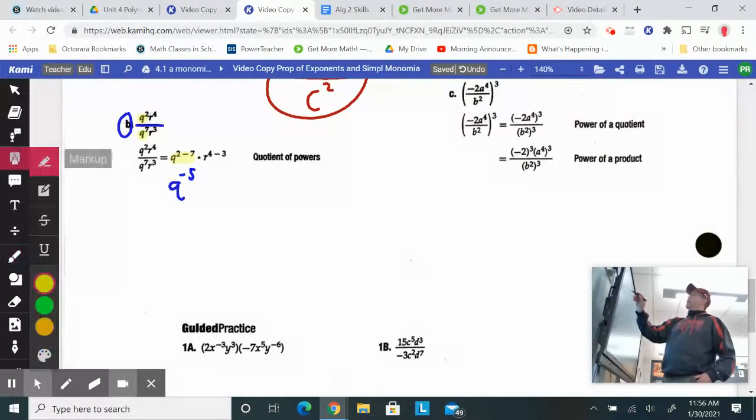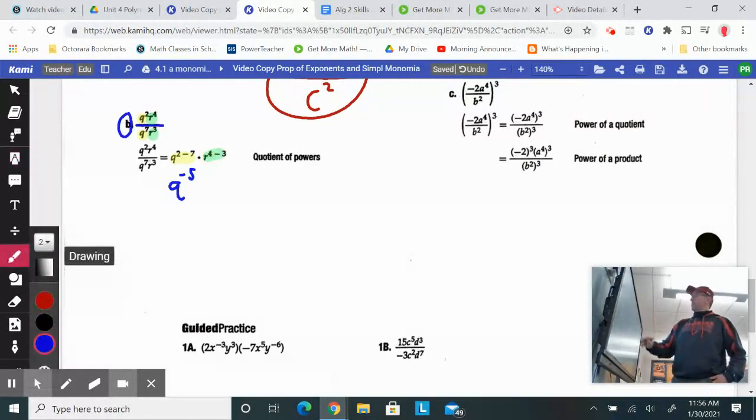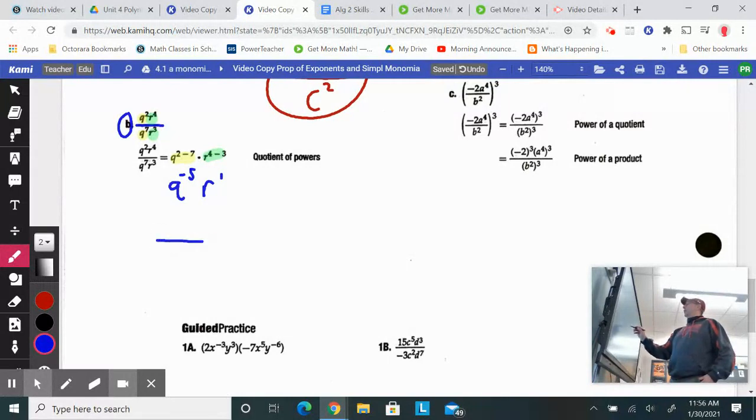And then I have my r's, r to the fourth, r to the third. I subtract those exponents. It would be r to the first. I cannot have a negative exponent. So q to the negative fifth becomes 1 over q to the fifth. And with the 1 in the numerator would be the r to the first, which is just r. So that would be simplified.